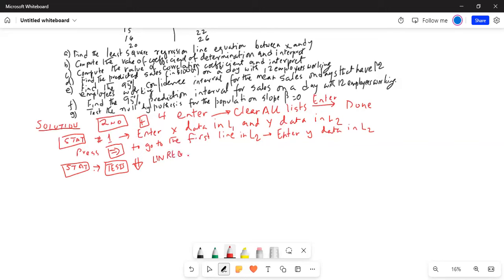LinReg stands for linear regression t-test. This is where you align your cursor with this test, LinReg t-test, and hit enter.